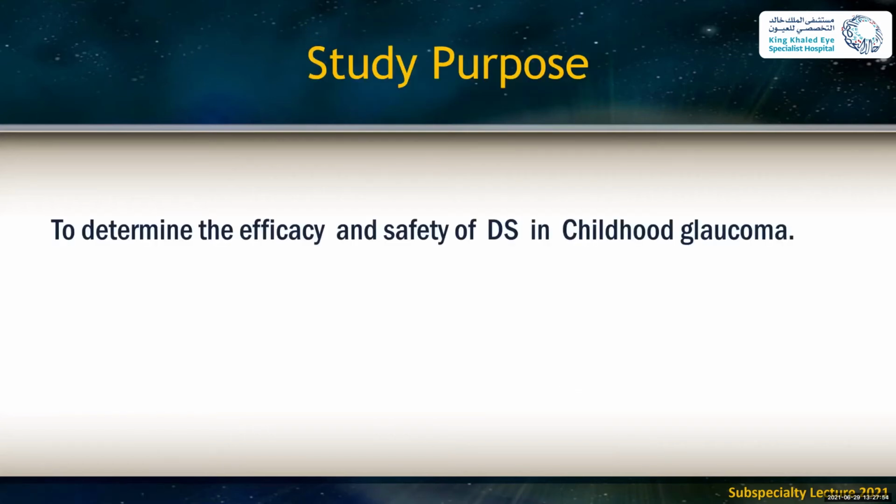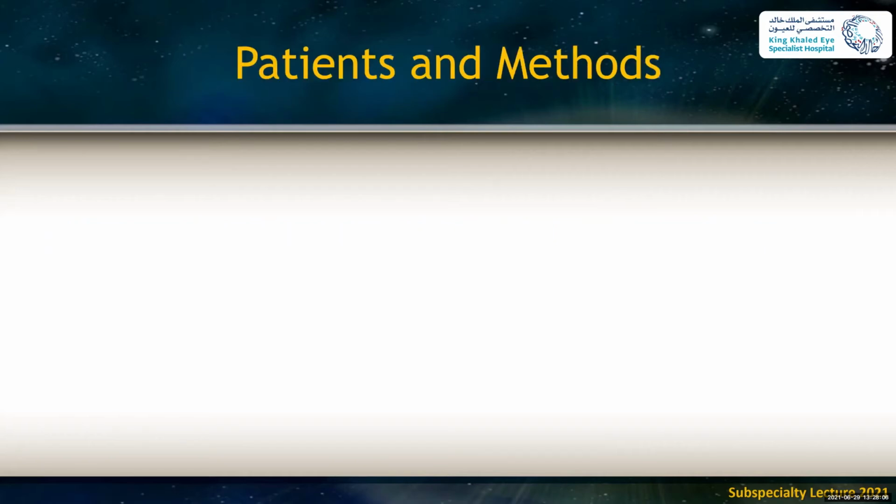Based on that, we determined to see the efficacy and safety of deep sclerectomy in childhood glaucoma. This was started in early 2001 or even 2000, and we reported it.